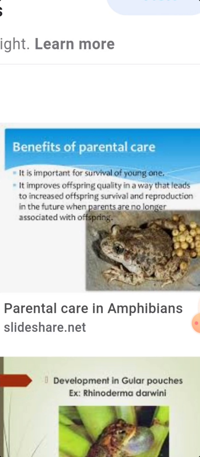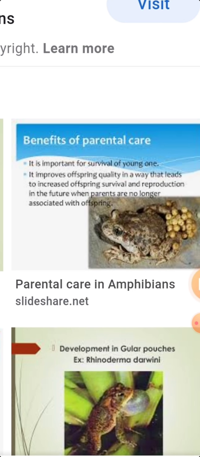My dear students, you have to clearly observe, at the time of the rainy season, at the edges of your ponds or small ditches or small tanks, a foam-like bunch appears at the edge of the tank. They appear as foam-like structures.